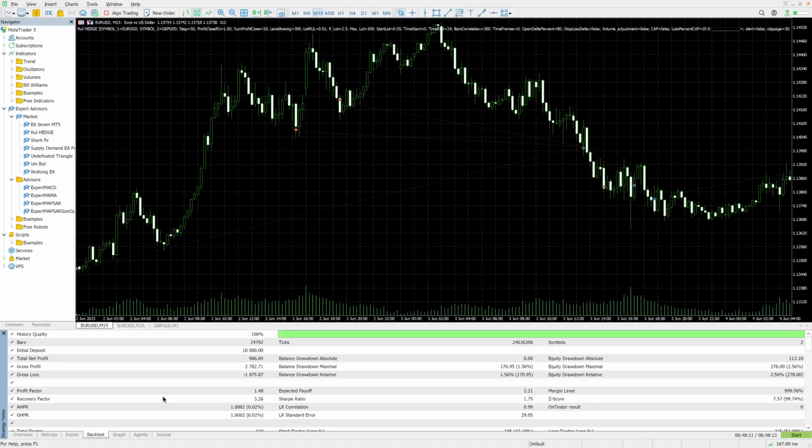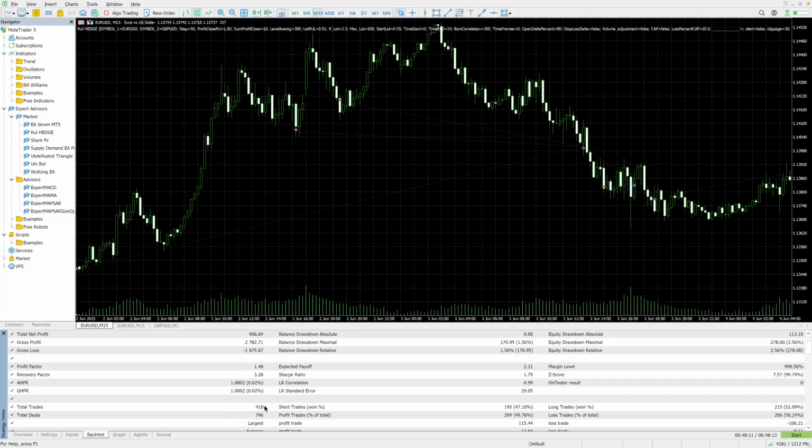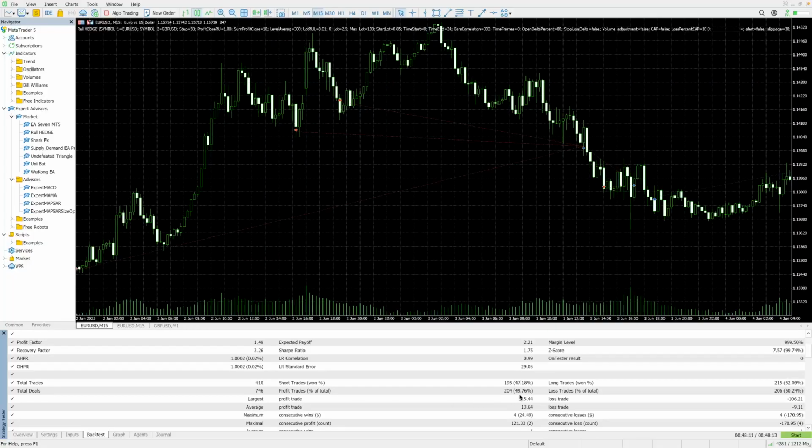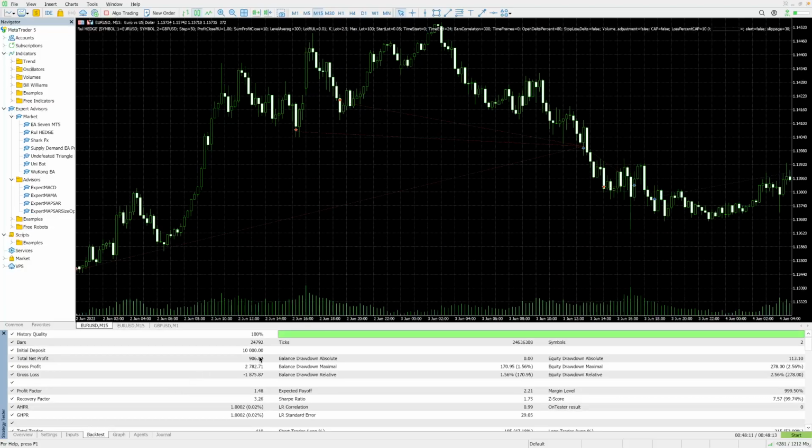We have a profit factor of 1.48, max balance drawdown around 1.56%, and equity drawdown just 2.56%. The total trades were around 410, and the balanced win on both sides, but the win rate was quite average. We had 49.76 win rate. But at the end of the day, we ended with a good total net profit, so this is commendable. Profit factor is above 1, and minimal drawdown both on the equity and on the balance.